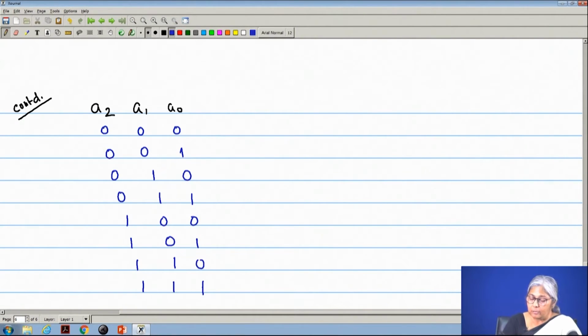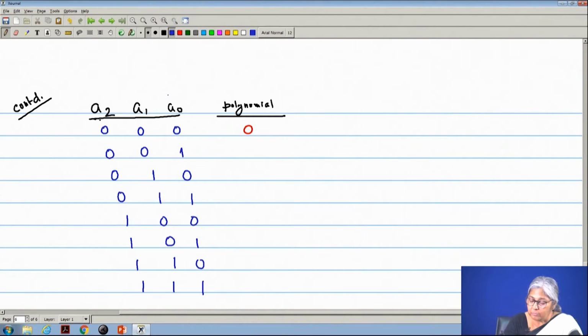So, 0 0 0 means, if I now write the polynomials, the polynomial will be 0.